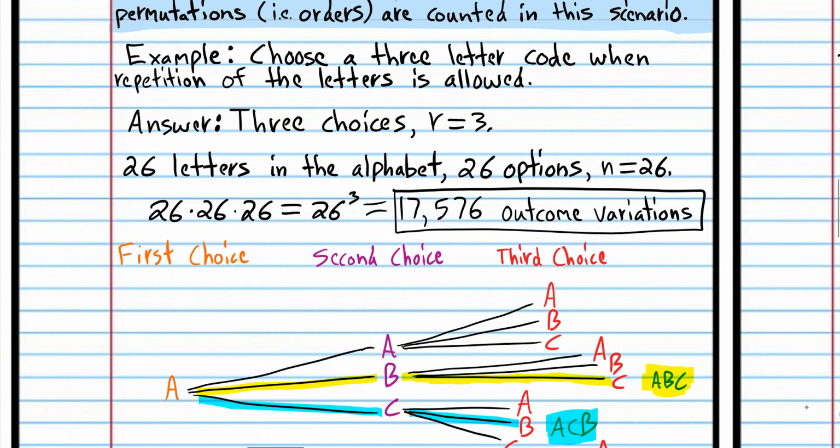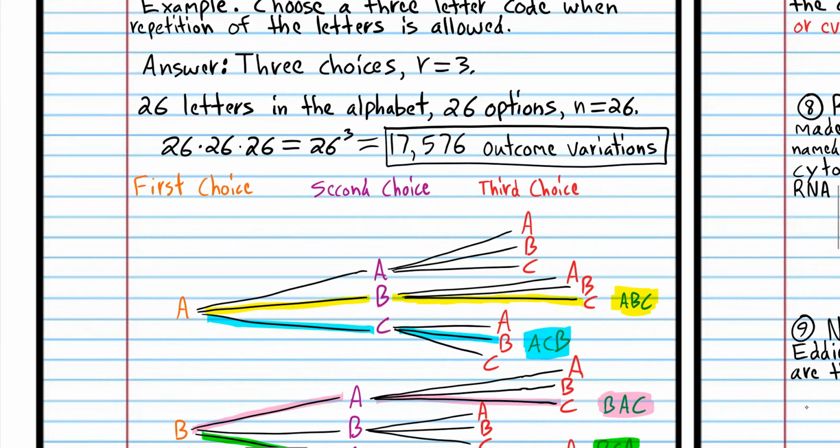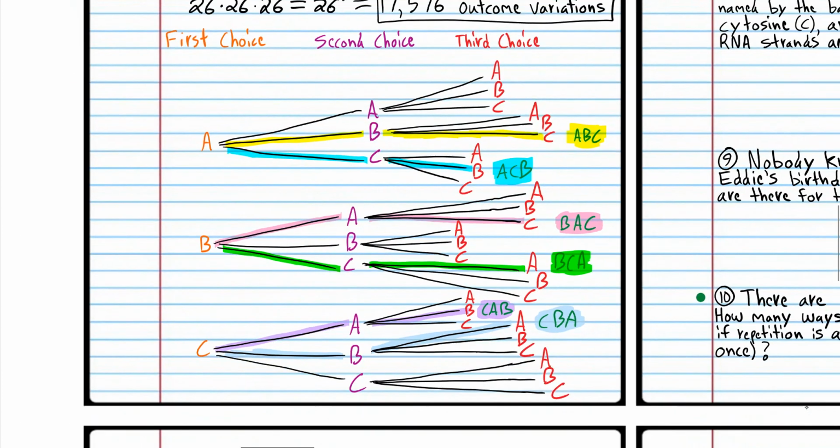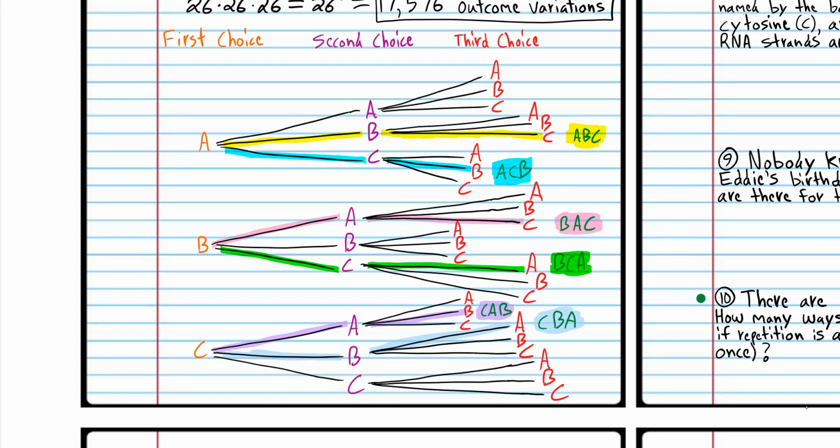Now, why is it that you're counting the different permutations? Well, you can see with this tree diagram. Again, if you want to understand the concept behind this, we use a tree diagram. You can choose A and then B and then C, or you can choose B and then A and then C. It's the same letters, just in a different order.